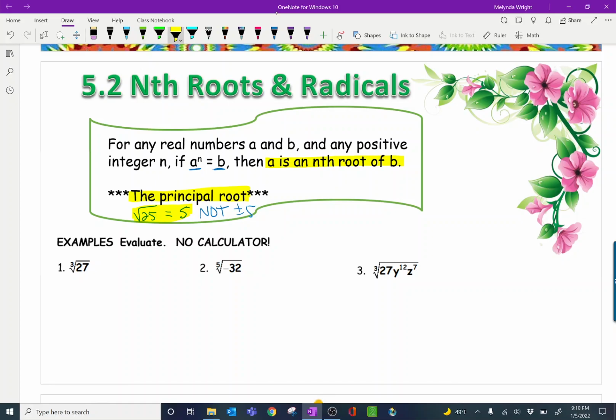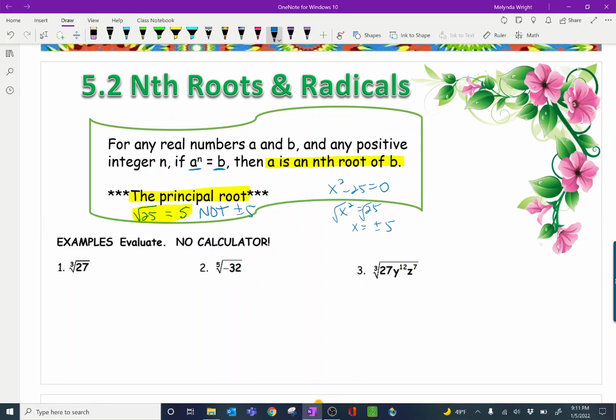The only time that we get plus or minus 5 is when we're solving an equation. For example, if I had x squared minus 25 equals 0, and I moved the 25 over and square rooted both sides, I would get plus or minus 5. Why?